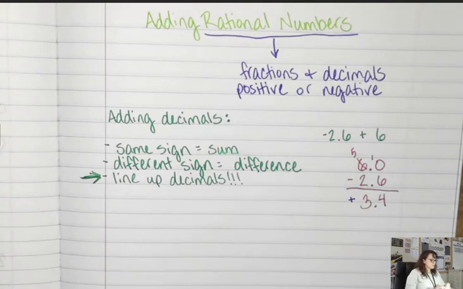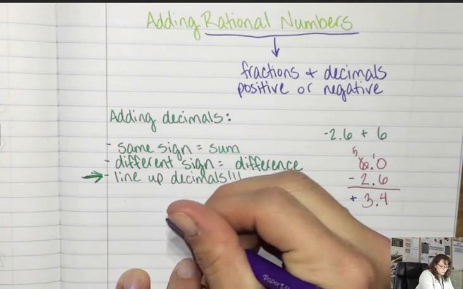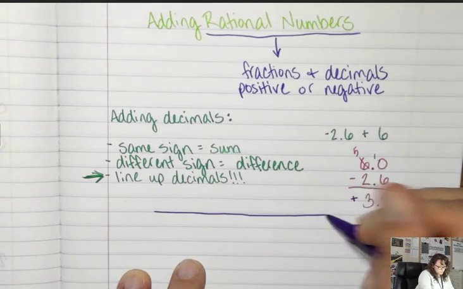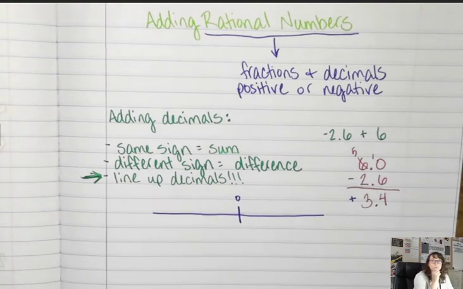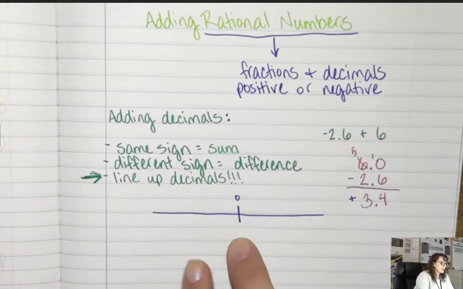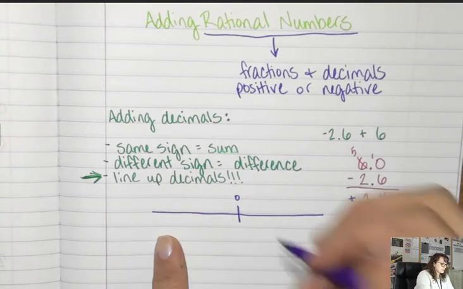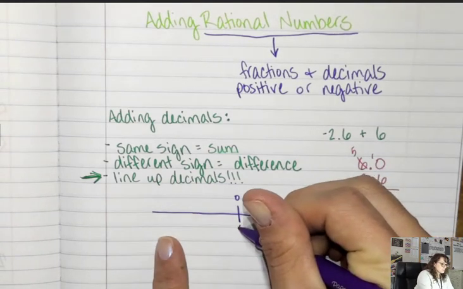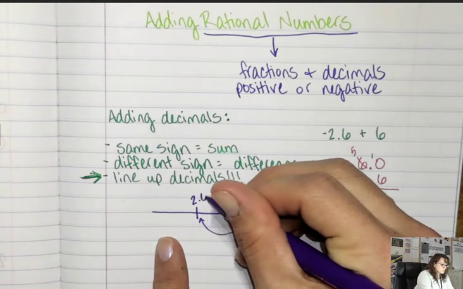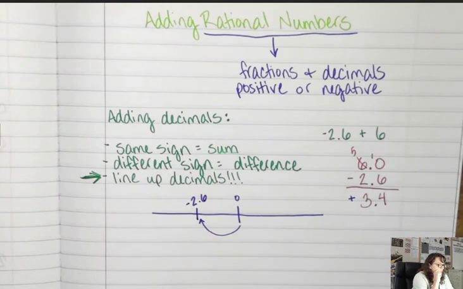There's another way to do it that's a nice visual. We're going to do an open number line. Here's 0. My first number tells me what to do first. So I need to go to the left, negative 2.6.